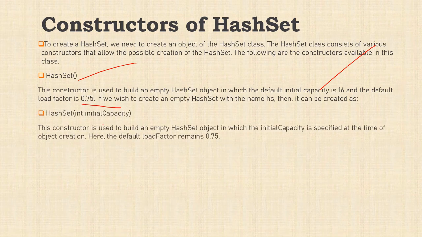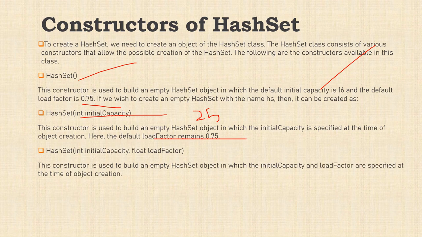Second, HashSet with initial capacity, which takes a parameter. By default the initial capacity is 16, but if you want to provide any custom value like 25 or 30, then you can, and the load factor will be 0.75 here.